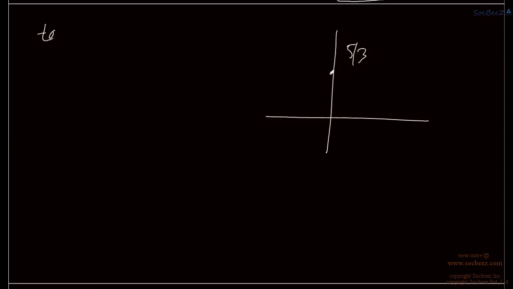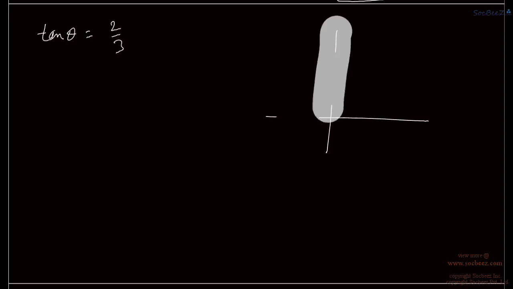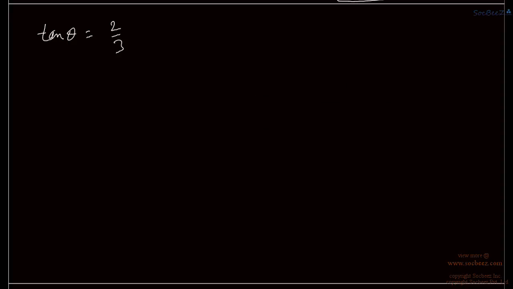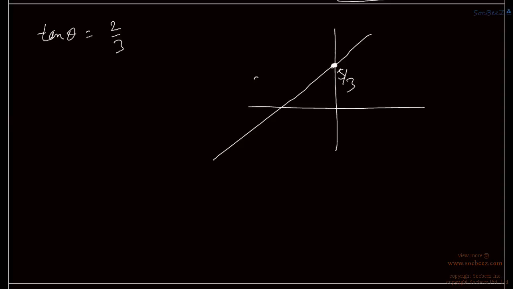So we have tan theta as 2 by 3. So this point is 5 by 3, and we have slope as 2 by 3.